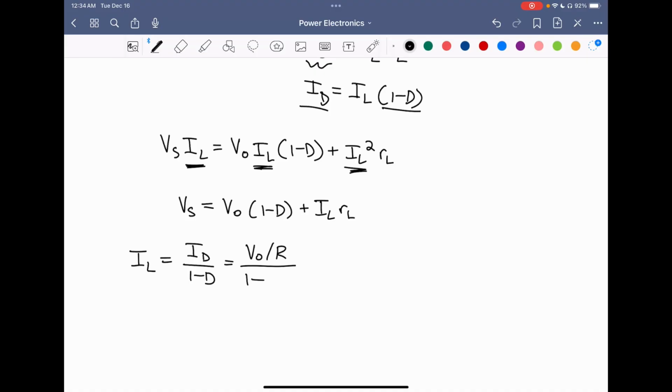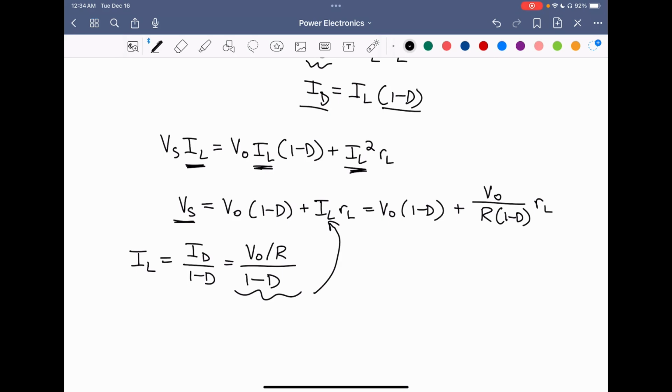And we can substitute this expression in for our IL here. So this equals V out times 1 minus D plus V out over R times 1 minus D times RL.